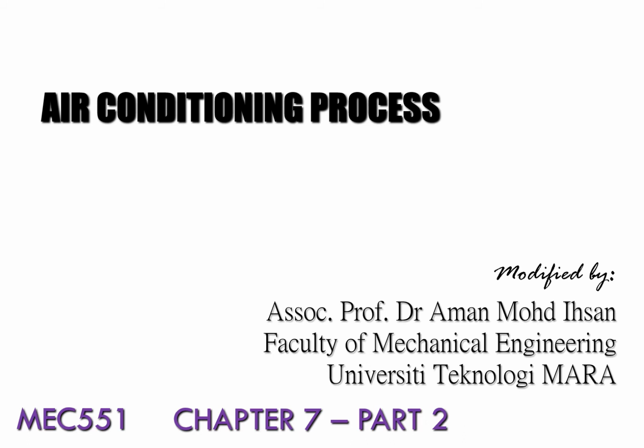In brief, the analysis for the air conditioning process will involve, first, checking whether the operating condition is at the standard atmosphere or not. Why is the first one important?